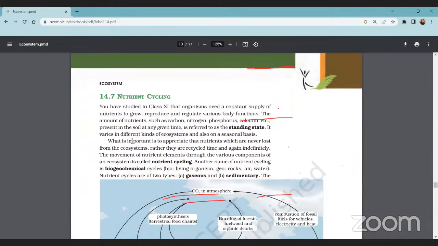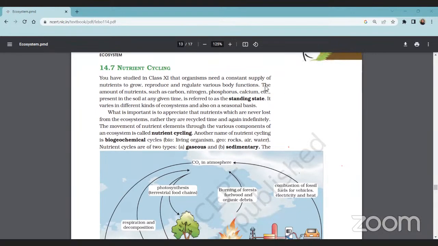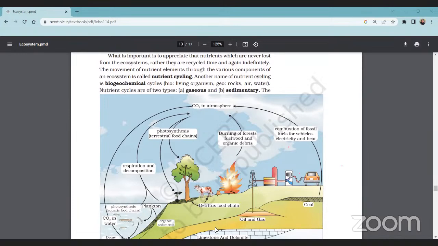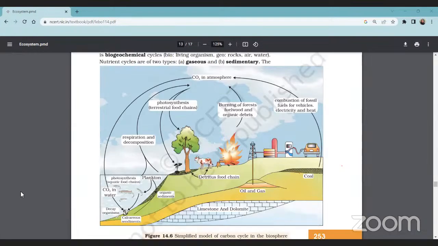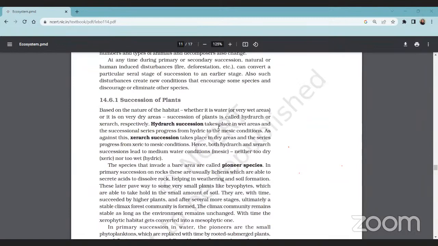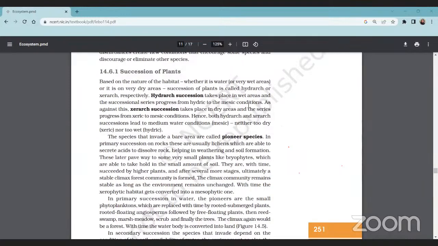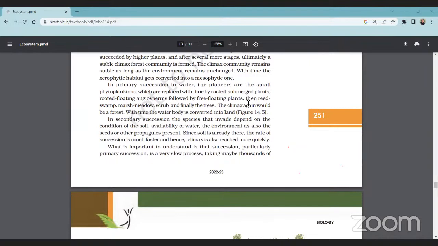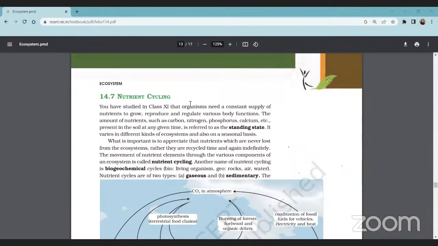And next, about the nutrient cycles. Mainly, plants need some nutrients for growth.